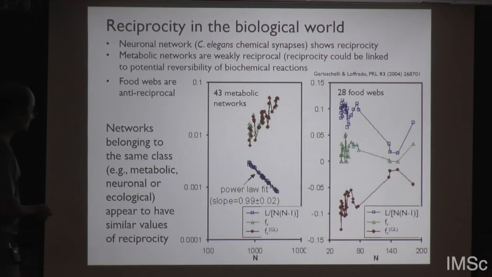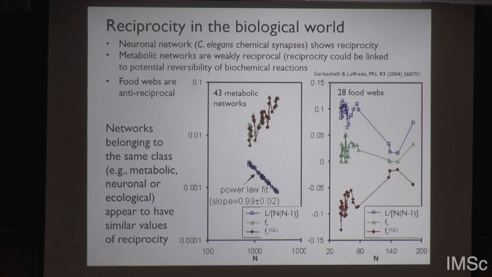Now, if you measure this, you find that different biological networks have very different properties when it comes to reciprocity. For example, neuronal networks, specifically the chemical synapses of Caenorhabditis elegans, show reciprocity. Metabolic networks also show reciprocity, although it's weaker than the neural network, but food webs are actually anti-reciprocal.